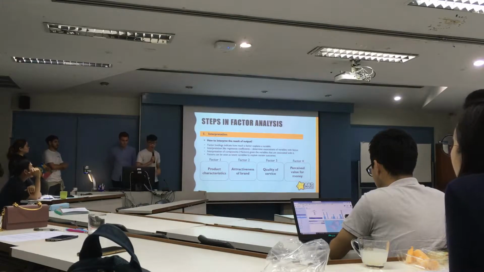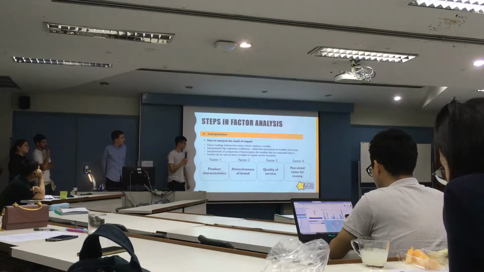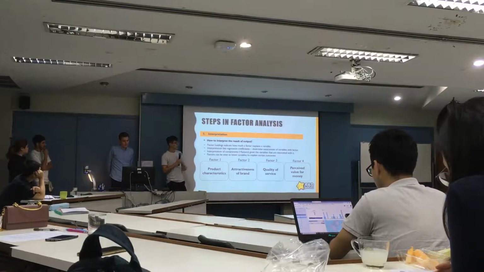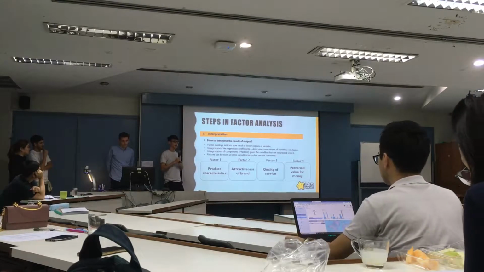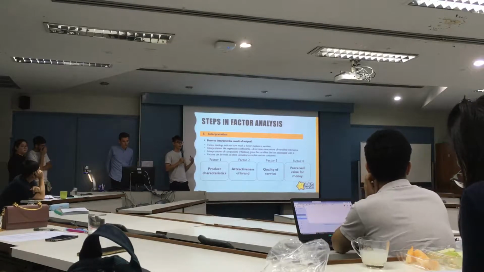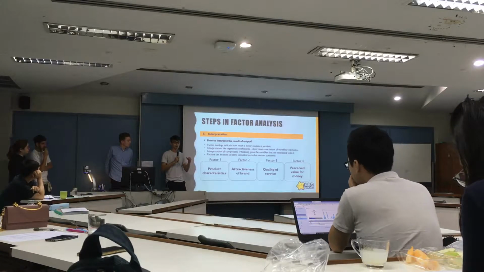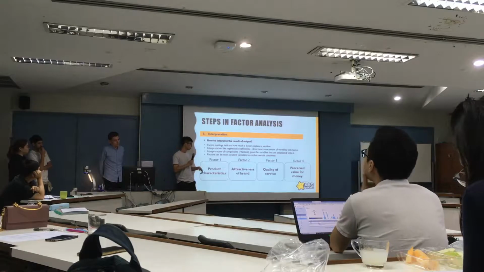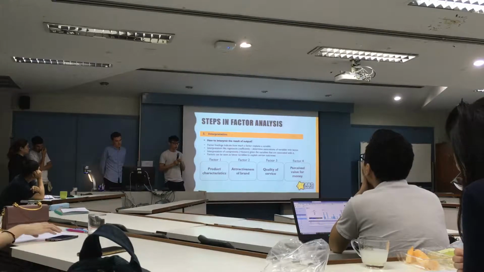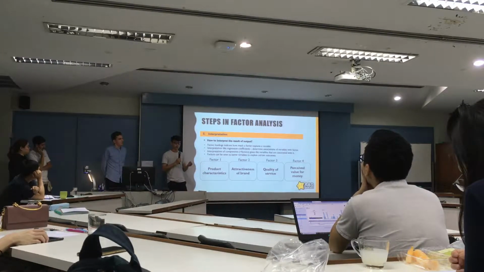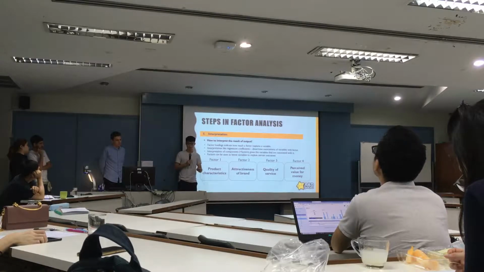And the final part is to interpret the result. The way we explain it is just the same as in regression analysis. In regression, we use independent variables to explain dependent variables.